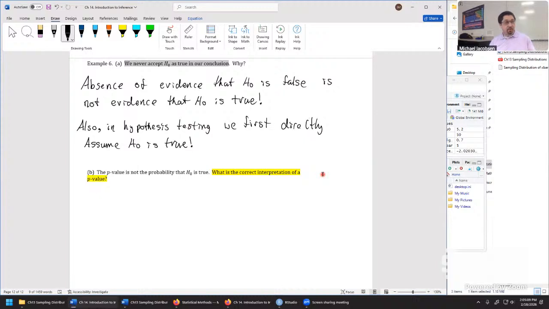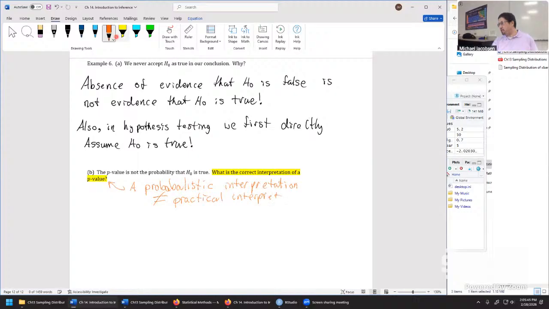Okay, here's the next trickiest idea. When we say the p-value is not the probability that H naught is true, what is the correct interpretation of the p-value? What we're providing is a probabilistic interpretation. I want to write this down just to mention that this is not the same as the practical interpretation.